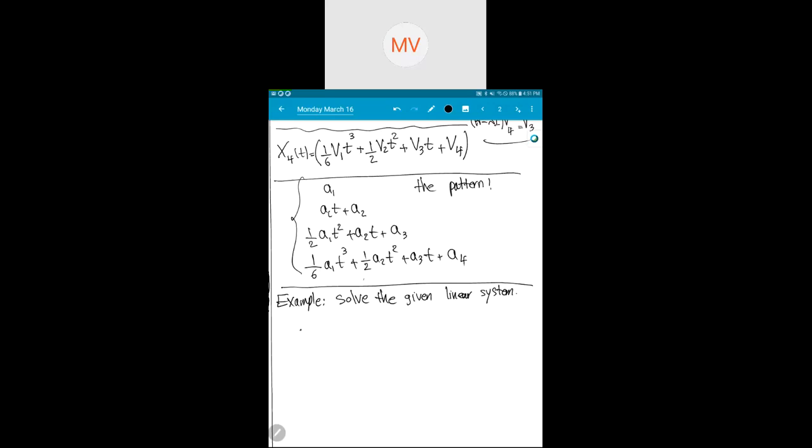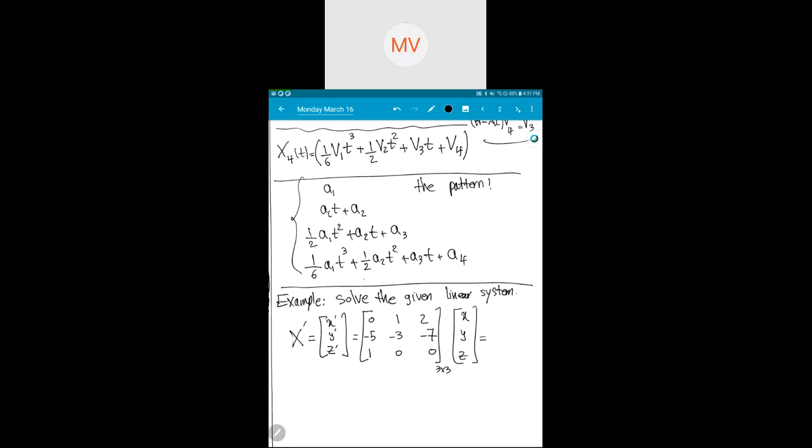Let me write down a system. x prime, y prime, z prime equals this 3 by 3 matrix: 0, 1, 2, negative 5, negative 3, negative 7, 1, 0, 0. That's a 3 by 3 matrix, and it's multiplied by x, y, z.